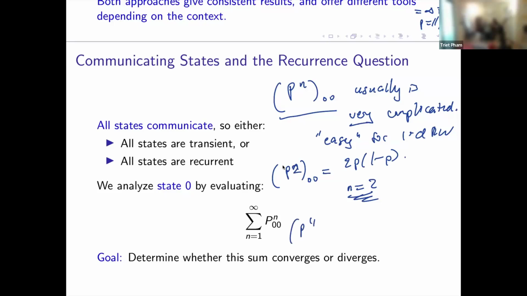Well, P to the 4. What do you think? How do we go from 0 to 0 in 4 steps?